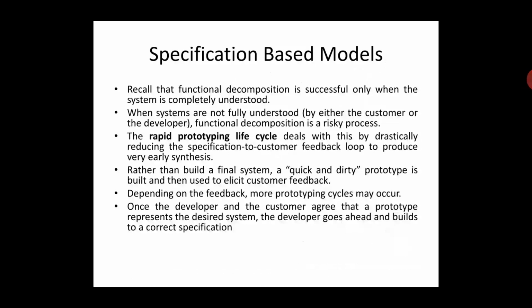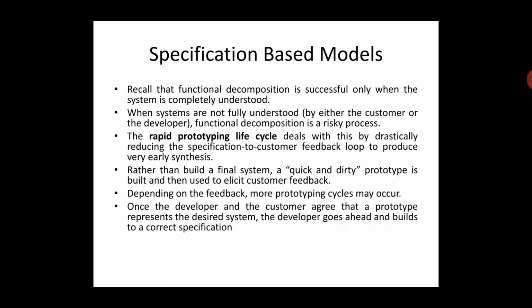Before building the complete system, first we make a copy of that system by using a quick approach. We take that model to the customer and ask whether any changes are required or not. That is called the rapid prototyping life cycle.